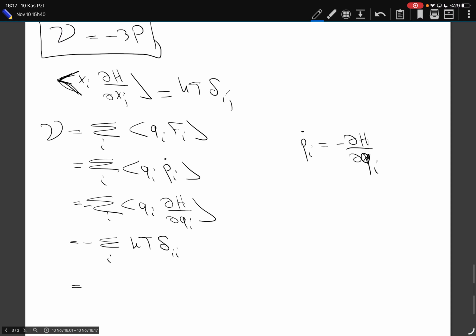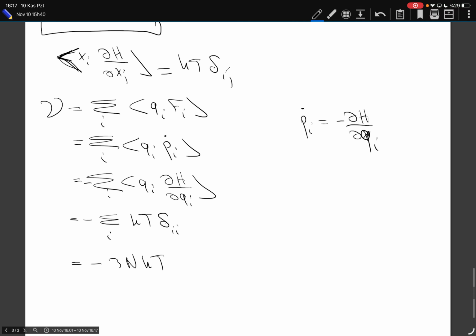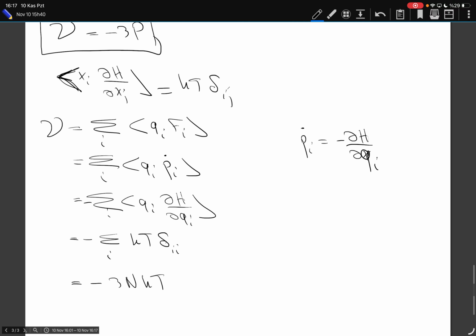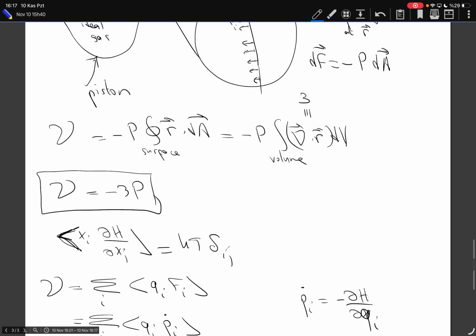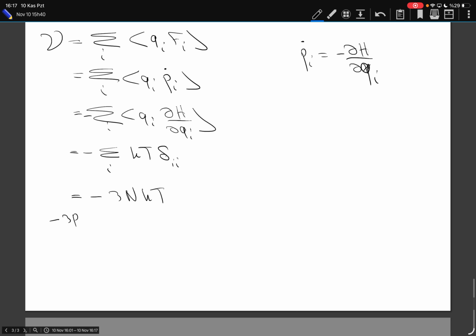If I have 3N coordinates, this will be minus 3N times kT. And hence we have minus 3PV, sorry, this is minus 3PV equals minus 3NkT, or PV is equal to NkT, just an alternative derivation of the ideal gas law.